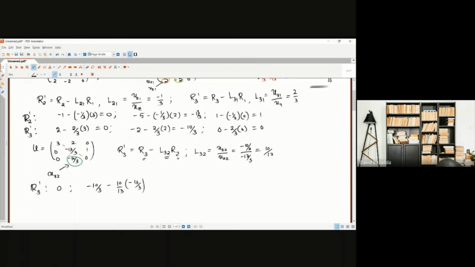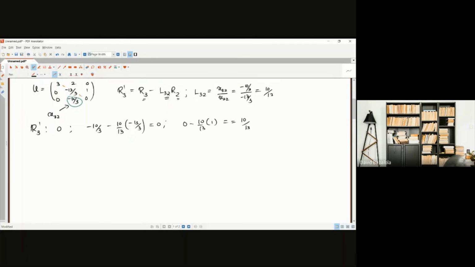That will give us 0. The last entry is 0 minus the multiplier, 10 over 13, times the corresponding row 2 entry, that will be minus 10 over 13. So now we have the complete factors.